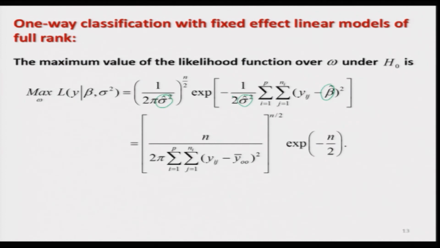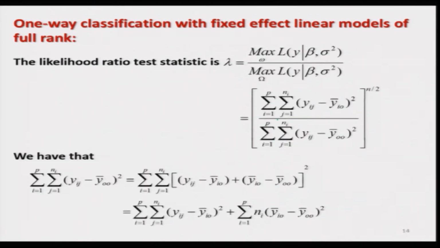Once you do it, you can see that the numerator part will get cancelled with the exponent when you substitute the value of sigma square hat, and you will get simply exponential of minus n by 2. And substituting sigma square hat here, this value comes out to be n upon twice the double summation over i and j of (y_ij minus y bar naught naught) whole square, raised to the power of n by 2.